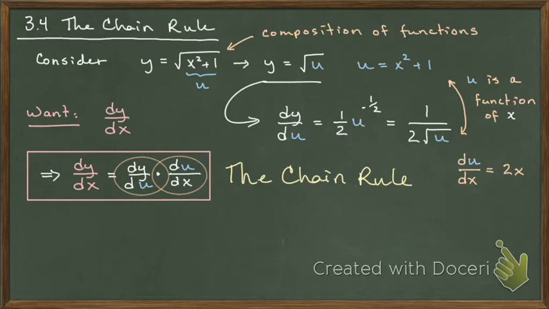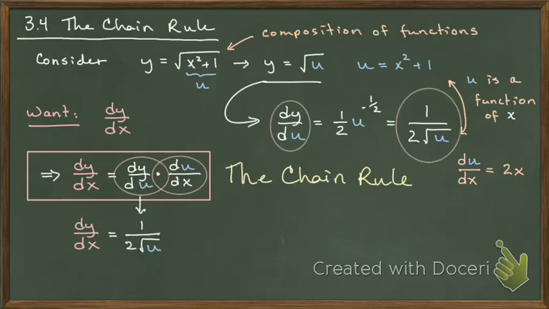So what I'm going to try to do, I'll finish this example here, and then I want to do this a different way as well. So then my derivative, I can write dy du is 1/2 square root of x, right? That's right there. Times du dx is 2x.